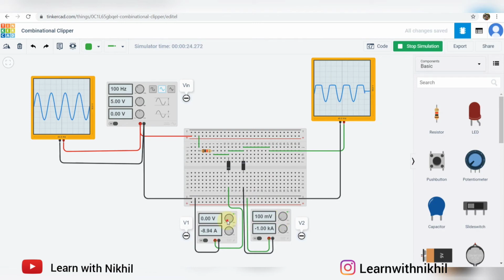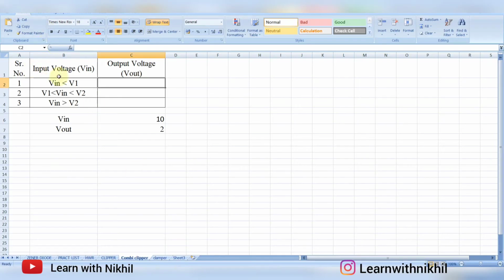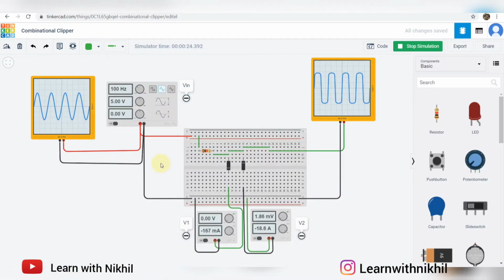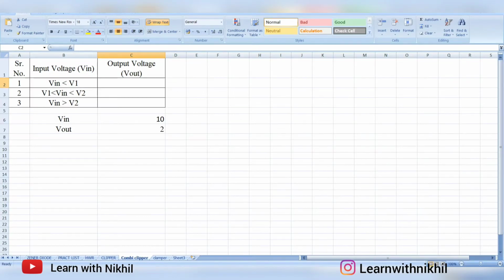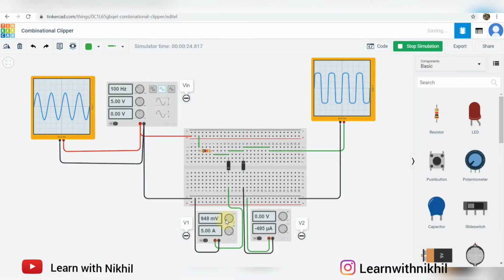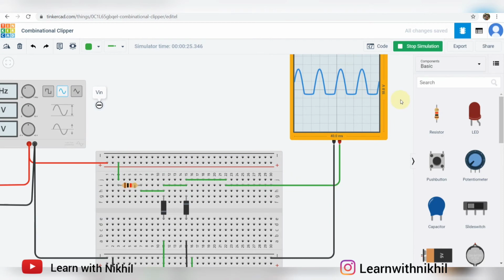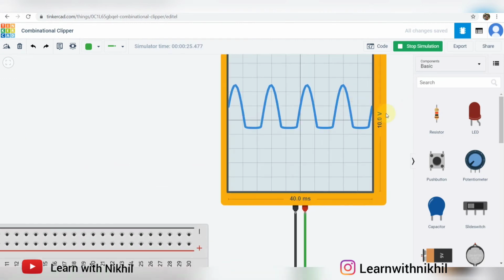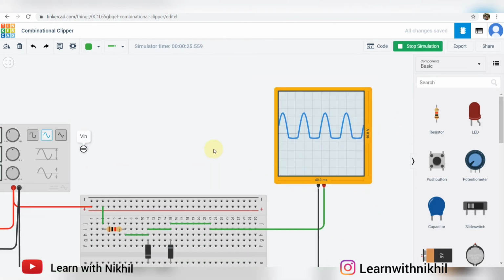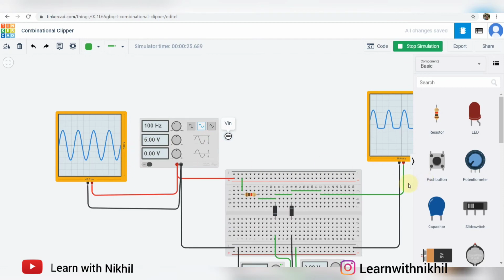So first I'll keep this at 0. We want Vin less than V1. Vin is constant, Vin is less than V1. So I'll make V1 greater than 5 volts. Now the total amplitude will be, this is 10 divisions, this is also 10 divisions, so now it is the same.